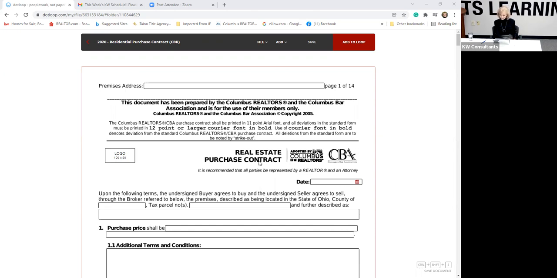From there, you'll want to choose a transaction. Once you choose to do a transaction, you can decide if you want to do Dotloop or DocuSign, whichever one you're most comfortable with.